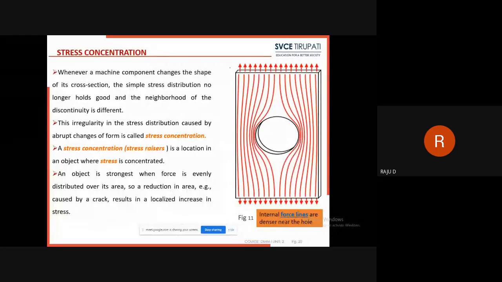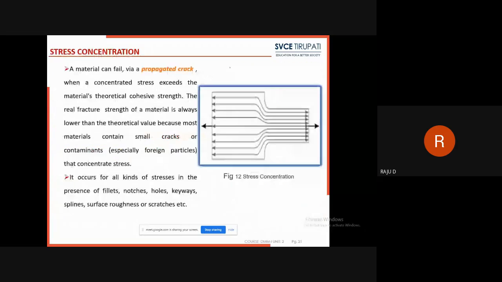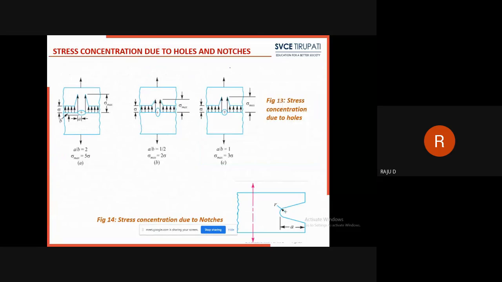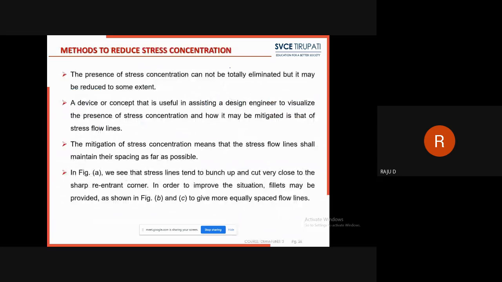So your main aim is to reduce the stress concentration factor as much as possible, then it is very easy to avoid breakage or failure of the specimen. How do we avoid it? By providing notches, threads, small holes, fillets, chamfers on the specimen, which clearly reduces the amount of stress concentration. One I already told in the class.